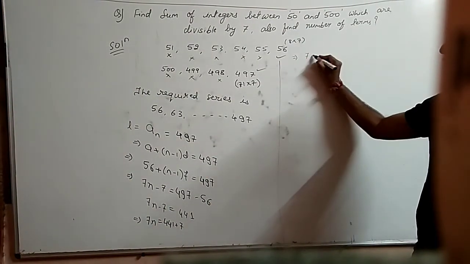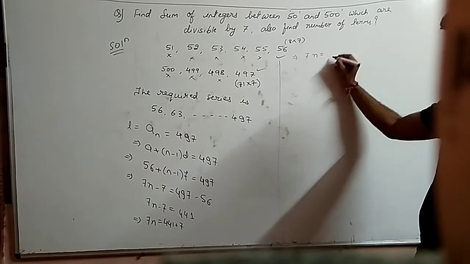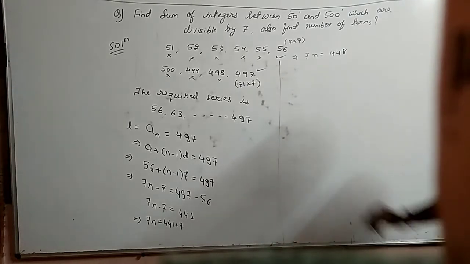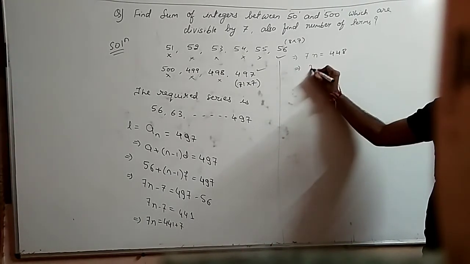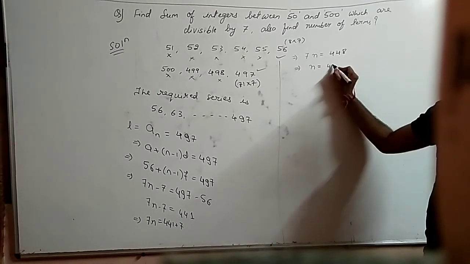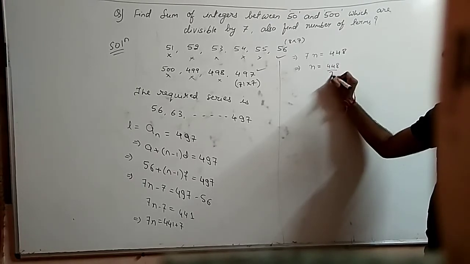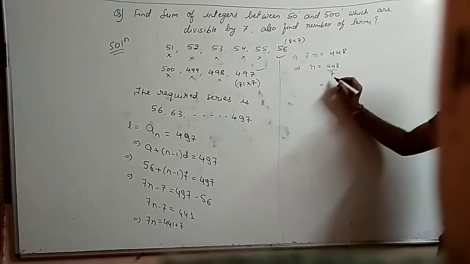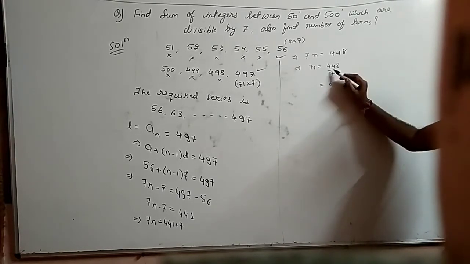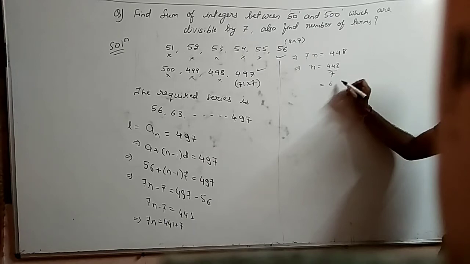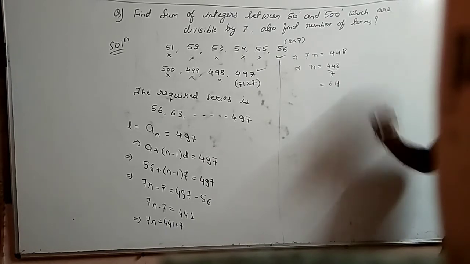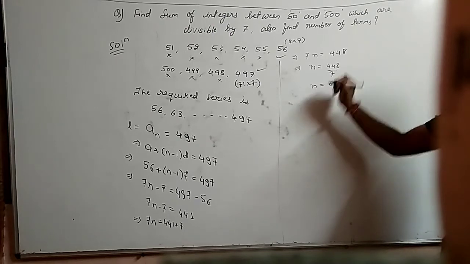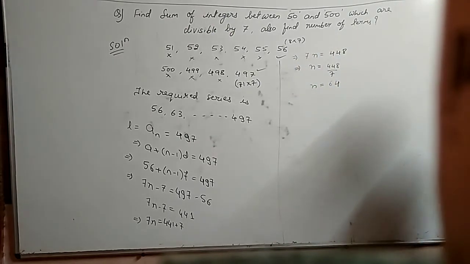So 7n is equal to 448. I can get the value of n from here. 448 by 7. 7 6s are 42, and it's 64. So the value of n is 64. We have done the second part.